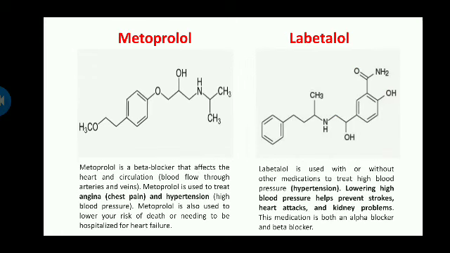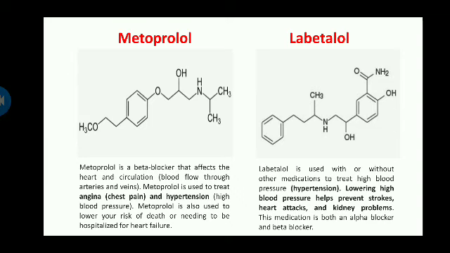Coming to metoprolol, this drug comes under beta blockers and also affects the heart and circulation, that means blood flow through the arteries and veins. It is mainly used to treat angina, that means chest pain, and hypertension. It lowers the risk of death or of needing to be hospitalized for heart failure. Next one is labetalol. This drug is used with other medicine to treat high blood pressure.